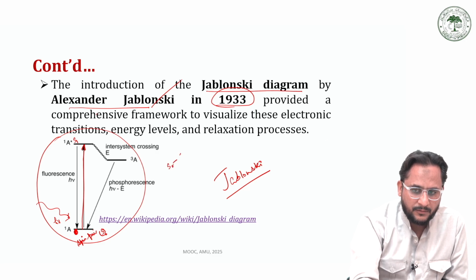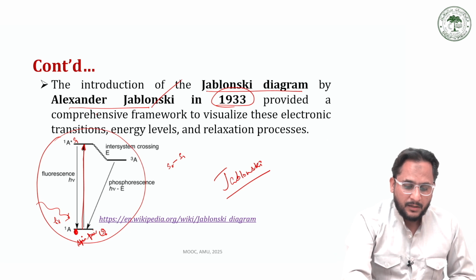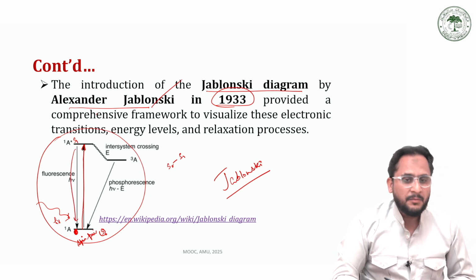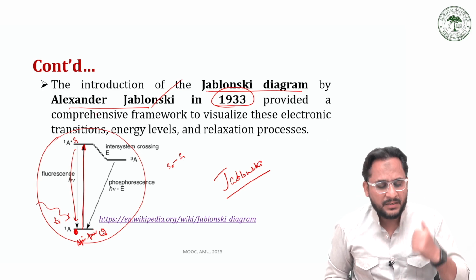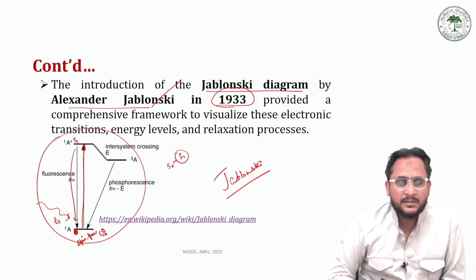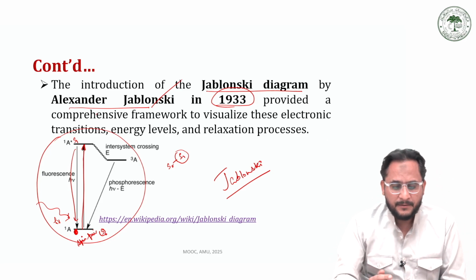From S1 directly the electron returns back emitting light radiation. This is called fluorescence. But in some cases, at this stage, because the singlet state is a high energy state, it is less stable. Why?